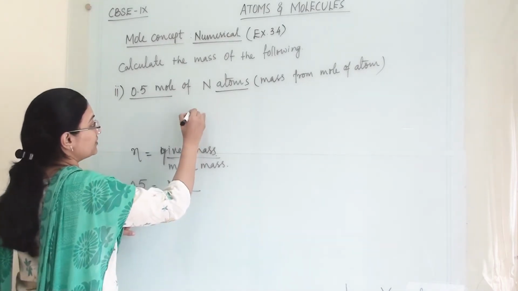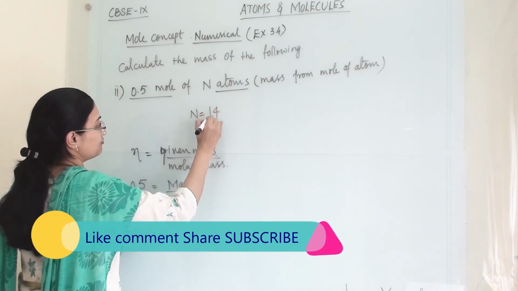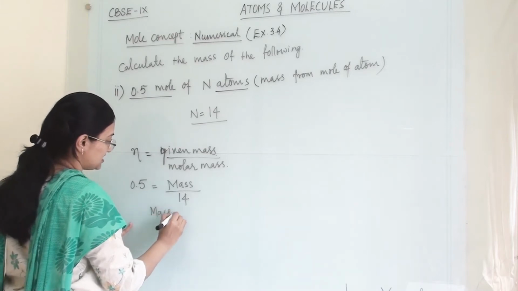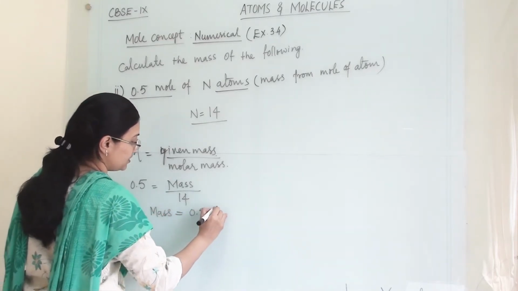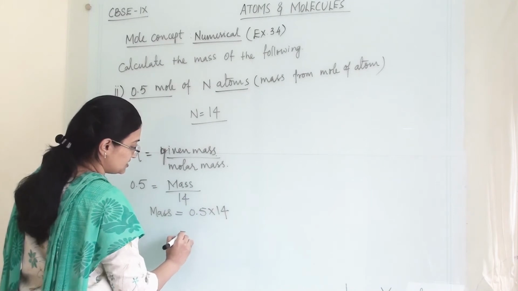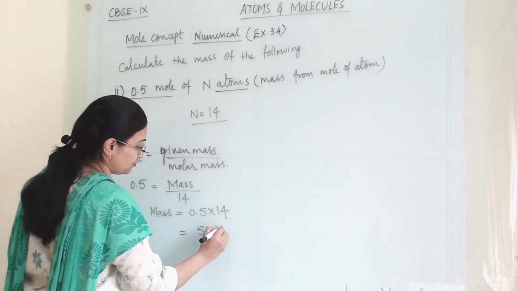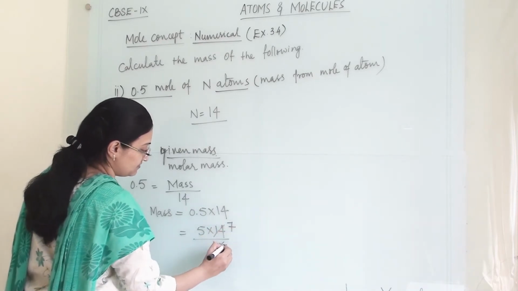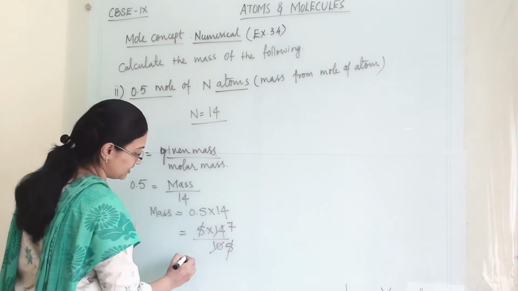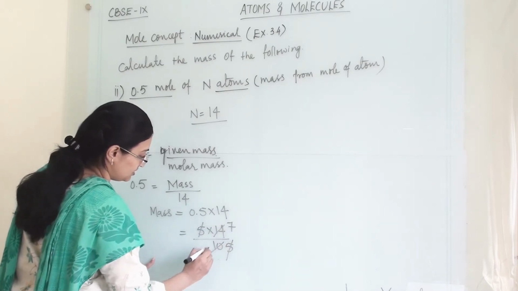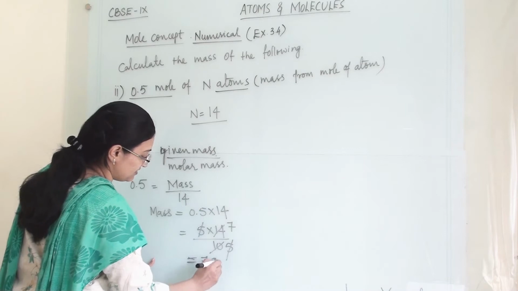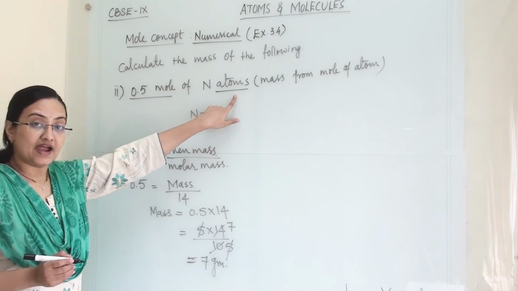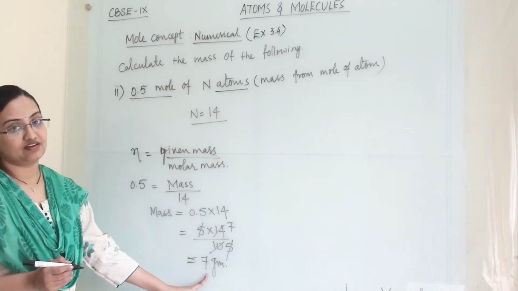Molar mass we know. Nitrogen's atomic weight is 14. So mass equals 0.5 into 14. So answer will be 5 into 14 divided by 10. So it will be 7 and 5. 5 we can cut it off and the answer is 7 gram. So 0.5 mole of nitrogen atoms weight is 7 gram.